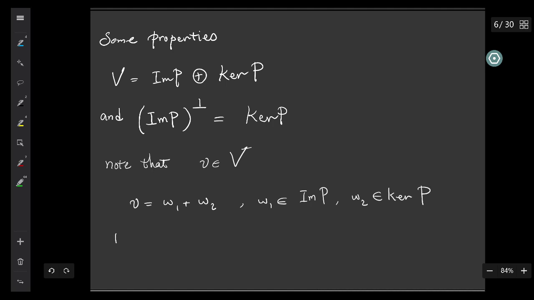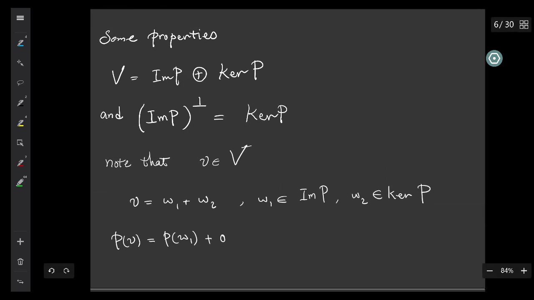Okay, so P of v becomes P of W1 plus 0 because W2 is in the kernel. But we can also check that for W1 in the image of P, then P of W1 is actually equal to W1.